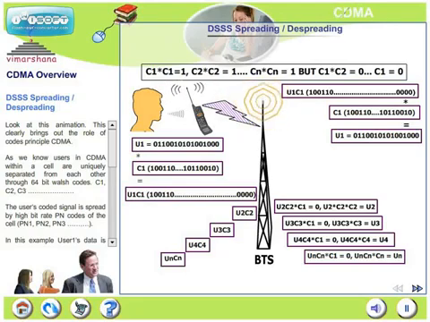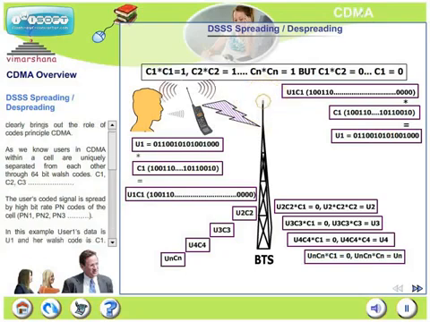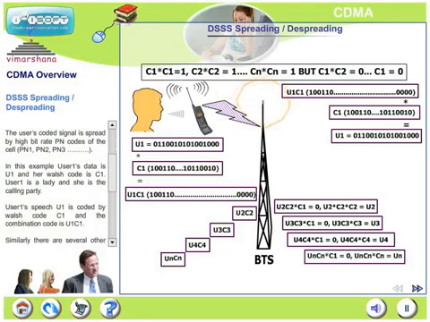Next, the users' coded signals are further spread by high bitrate PN codes of the cell. These PN codes have two roles. One is they spread the user signals, and the other role is they differentiate one cell from the others. Cell separation is by PN codes and user separation is by Walsh codes. Please remember this.